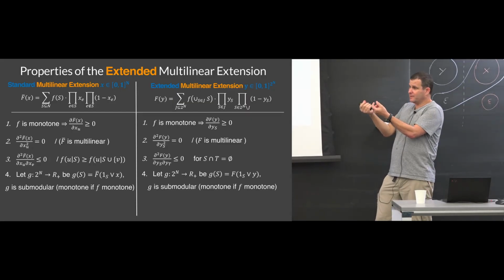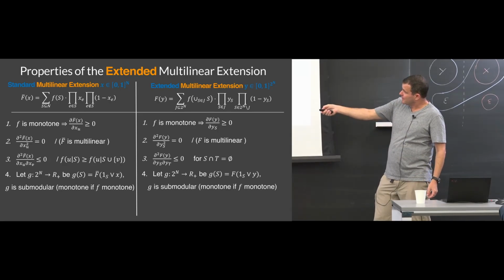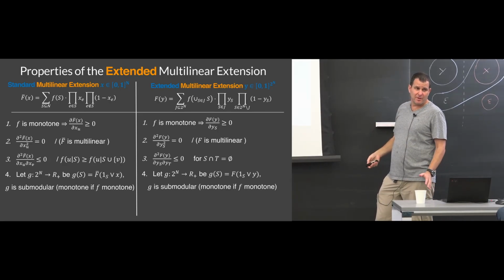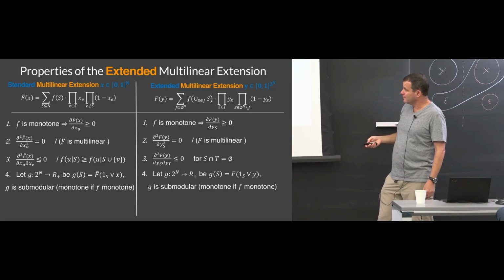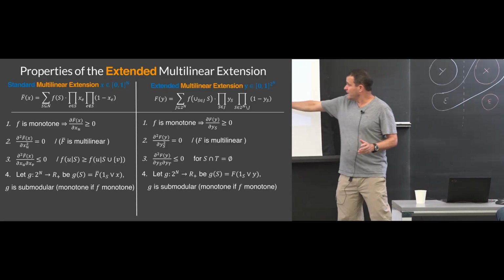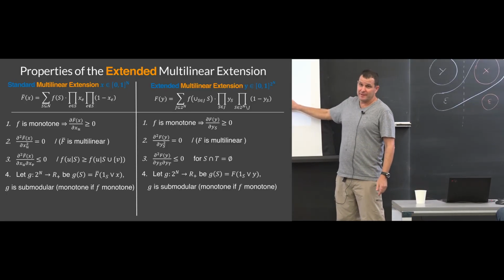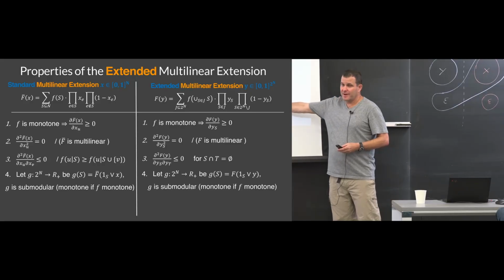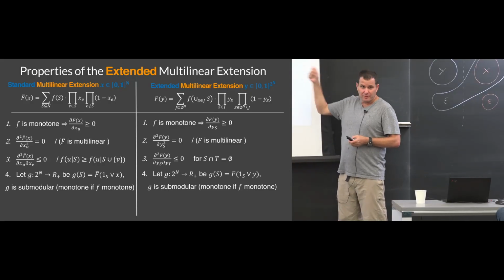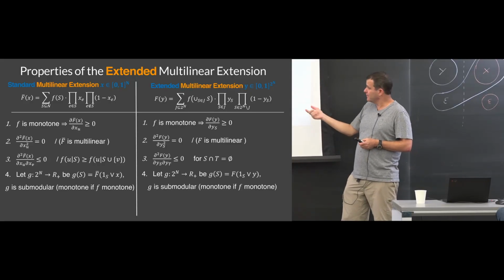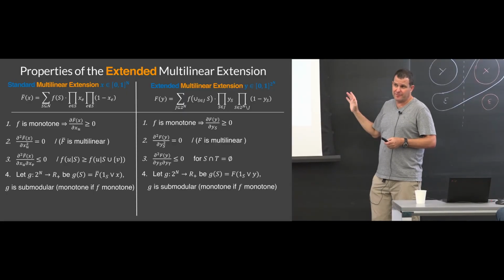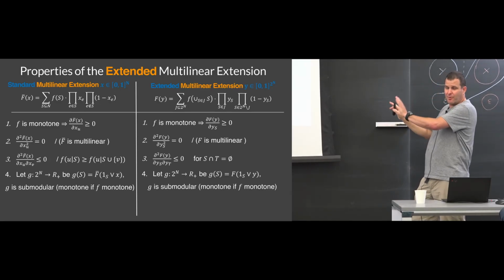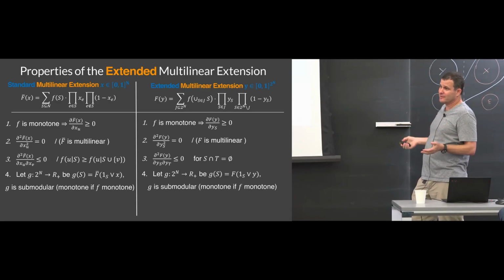So if you take, for example, two sets, one that contains one element and another that contains another element, this will be true. So this is going to be non-positive. This is the main property of submodularity. And the same property holds: if you have a vector y, and you define a function that forces you to take some elements or some subset, you will get a submodular function, and even monotone if f is monotone. So basically, the properties are quite the same, it's just that it's 2 to the n.